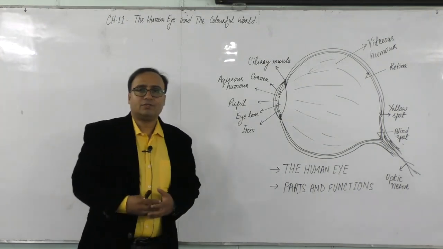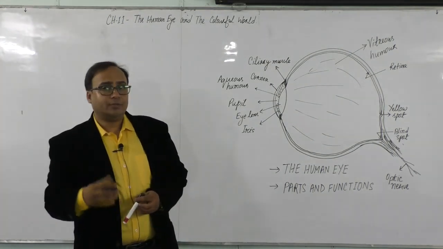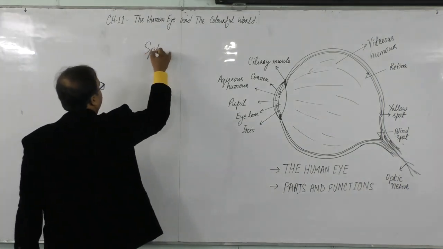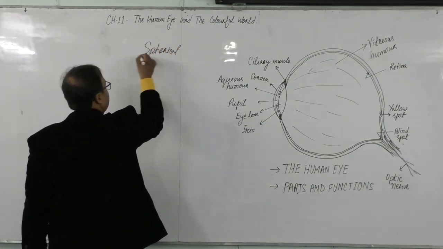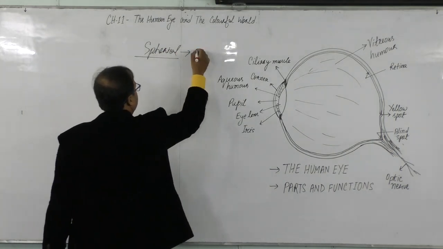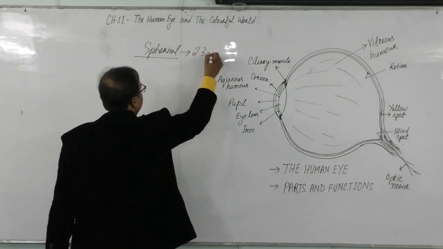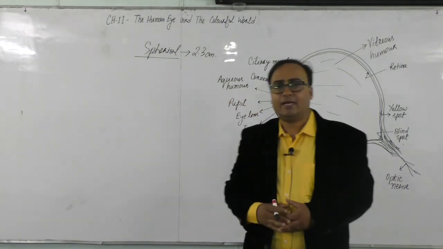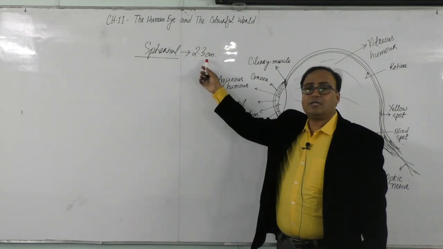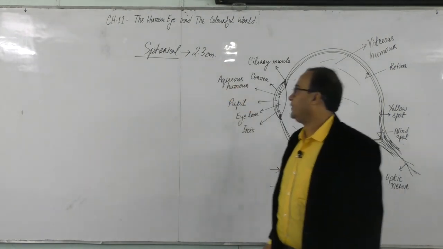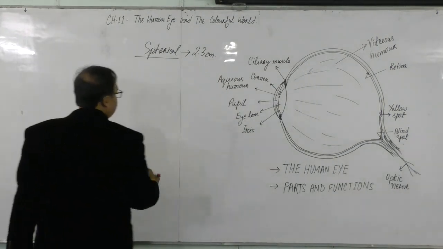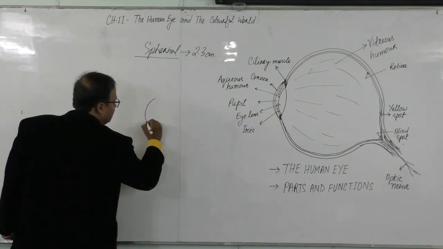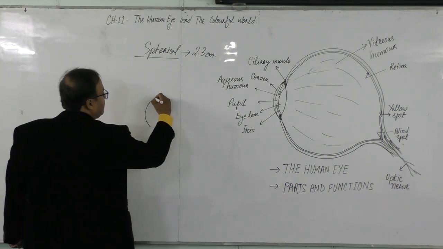If I ask you about the shape of the human eye, the eyeball is spherical in shape and its approximate diameter is 2.3 centimeter. So the eyeball is a sphere and the approximate diameter of that sphere is 2.3 centimeter. If you look at the structure, the front portion of the human eyeball is slightly bulging outward.